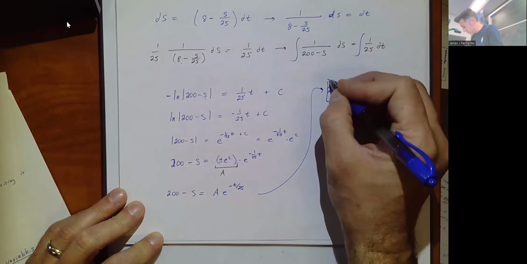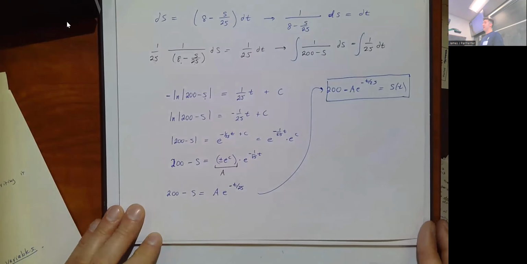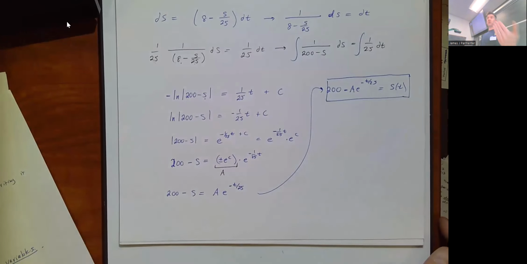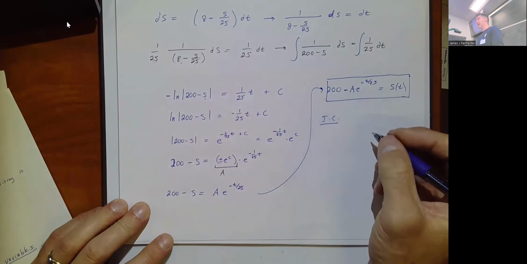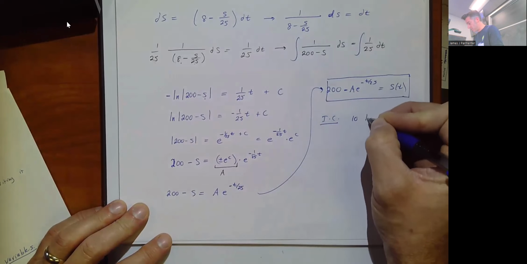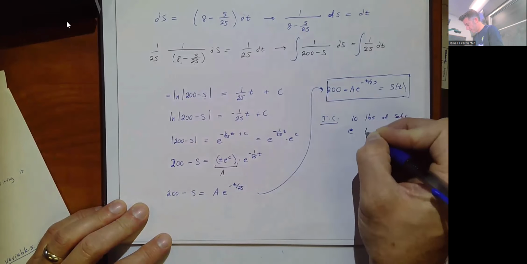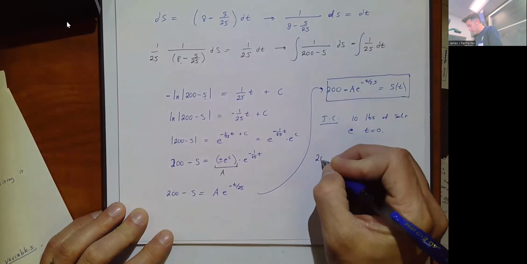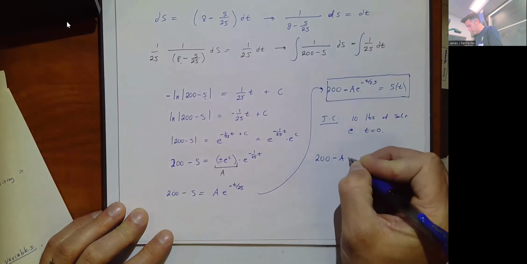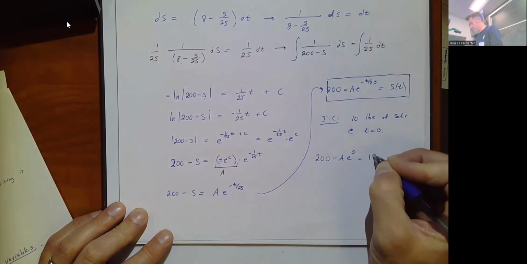That's our general solution. And now let me remind you from the problem that we did at the end of last class, we also had an initial condition. Our initial condition was that the tank had 10 pounds of salt at time equal to 0. So if I plug in t equal to 0 and set S equal to 10, I get 200 minus A times e to the 0 equal to 10.